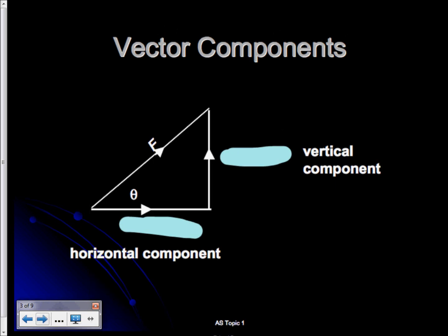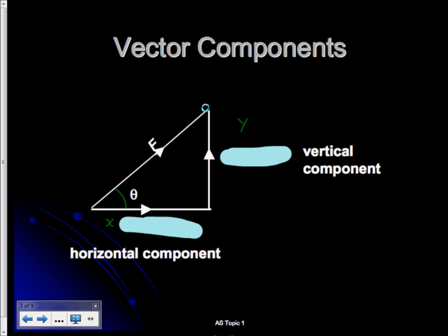All right, so this slide here illustrates how we go about calculating or working out the size of the component. If we have this vector here labeled F, then we're going to break that vector up into these two components. We've got an angle theta there. Using a little bit of simple trig, if we call that y and we call this x, then y is the opposite to the angle.